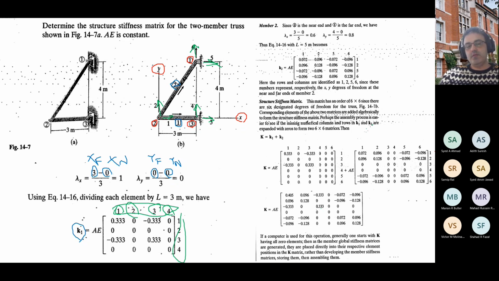With this kind of hint, I know that every single value inside this matrix corresponds to a certain degree of freedom. For example, this 0.333 corresponds to the degrees of freedom 1 and 1, right?